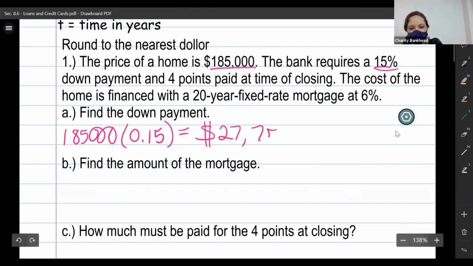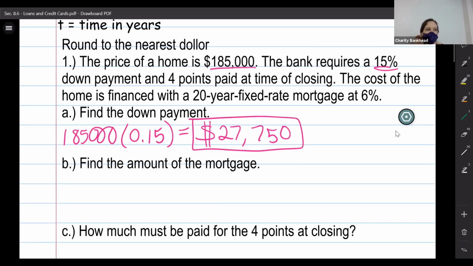So $27,750 is your down payment. So you're going to pay that upfront.